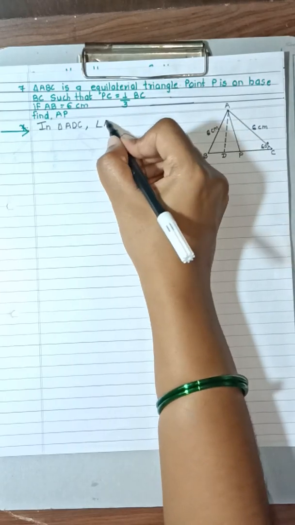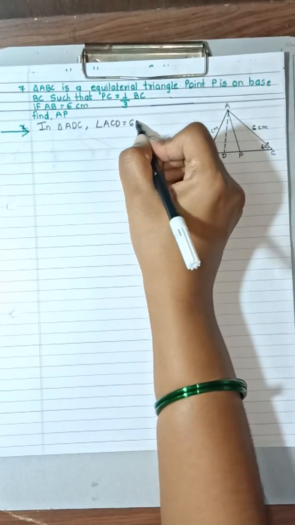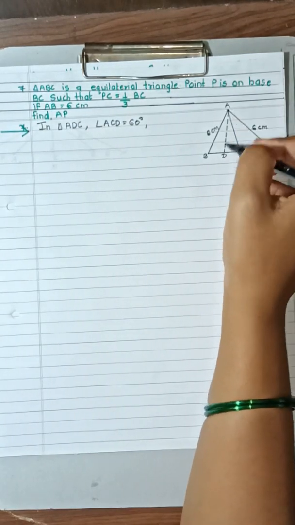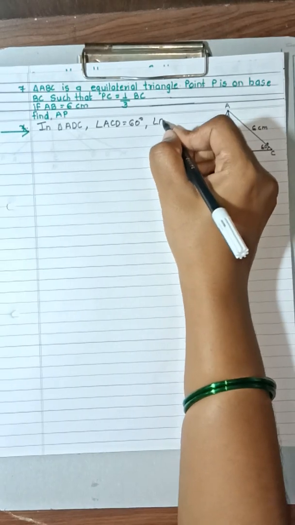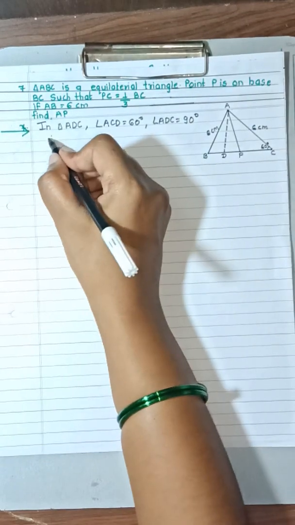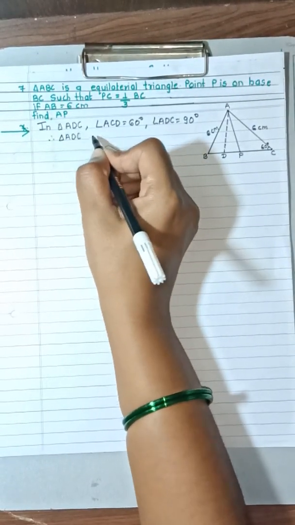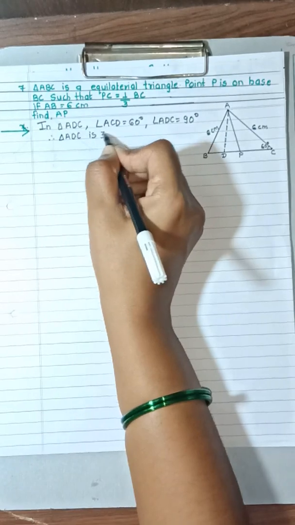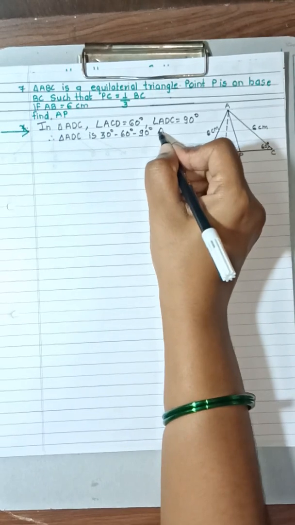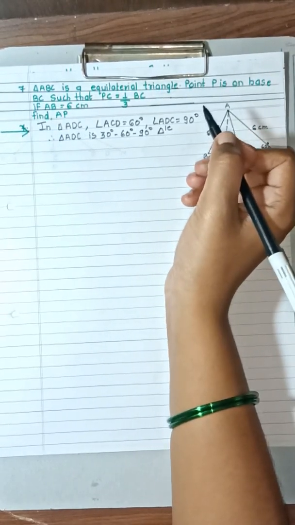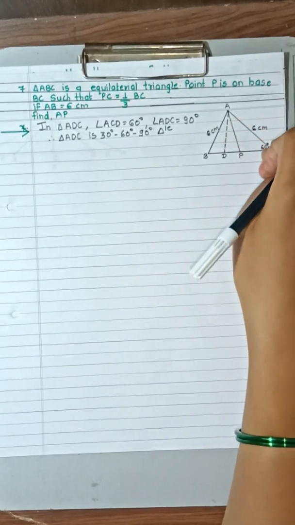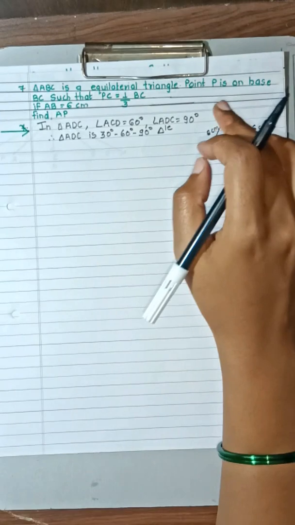And angle ADC, this is a perpendicular, so angle ADC will be 90 degrees. Therefore, you can say that triangle ADC is a 30, 60, 90 triangle. As this is a 30, 60, 90 triangle, the side opposite to 60 degrees is root 3 upon 2 times the hypotenuse.